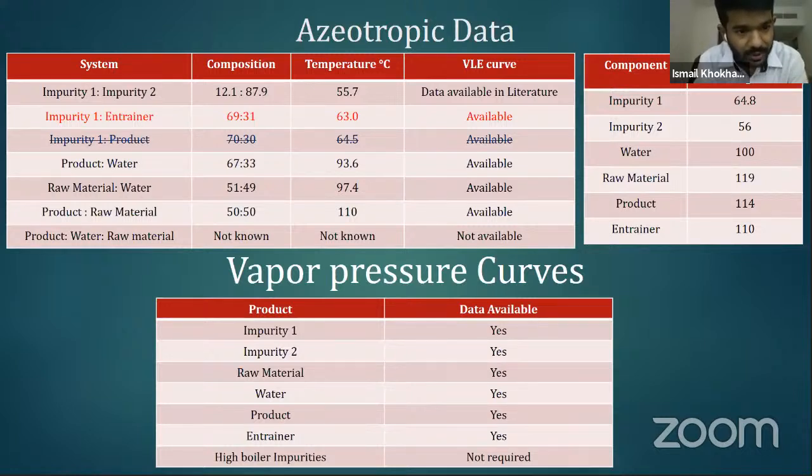So now the impurity 1 and product azeotrope, which was of concern, was eliminated because the entire impurity got entrained out with the help of the entrainer, and all the rest of the azeotropes remained the same. The only addition here is the entrainer temperature, which was 110 degrees Celsius. And again, since the entrainer was a common compound, the vapor pressure curve was available in the literature, so we didn't bother to generate it on the equipment.